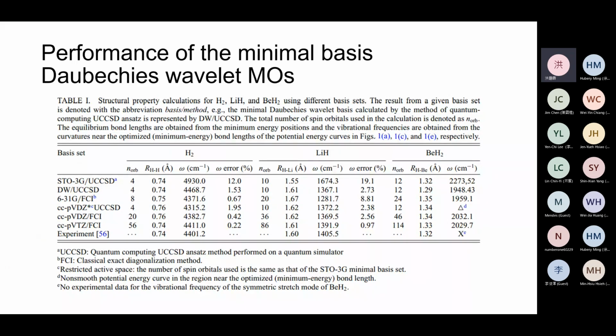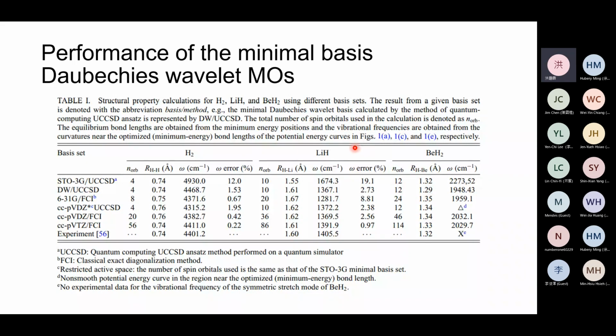However, the vibrational frequency shows significant basis set and computational method dependence. We can see that STO-3G has the largest error in the calculated vibrational frequency compared to the experimental result. And with the Daubechies wavelet with quantum computing, we can reduce the calculation error to more than 10%.